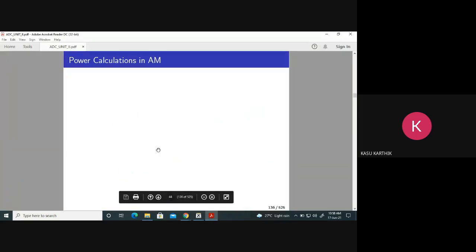Now, power calculations in AM. We have to find out how much power is required to transmit an AM signal. Why am I talking about power? Because it is also one of the communication resources. So we're talking about bandwidth and power. They're very, very important.